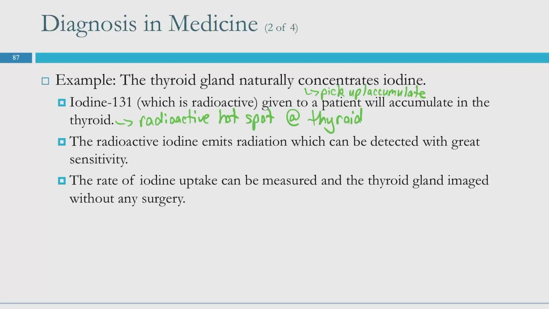The other thing that you can use this for is if you get thyroid cancer, then they can take out your cancerous thyroid. And if you've got any thyroid cells anywhere in your body, they just give you a dose of radioactive iodine, a larger dose.